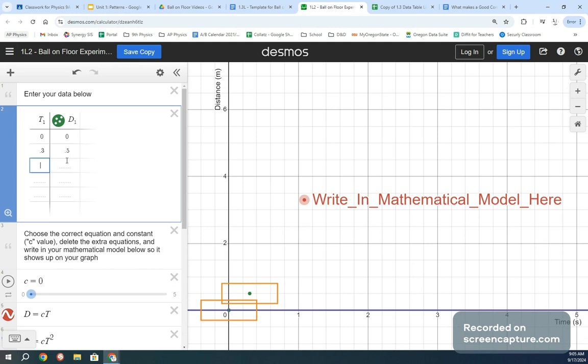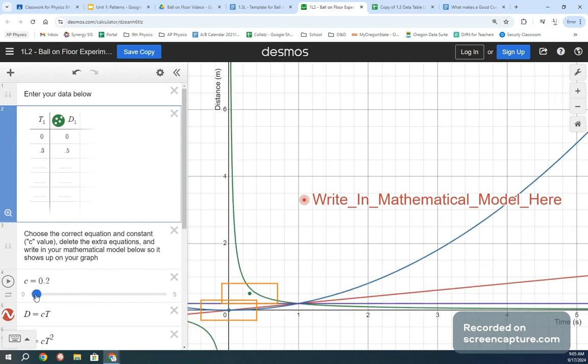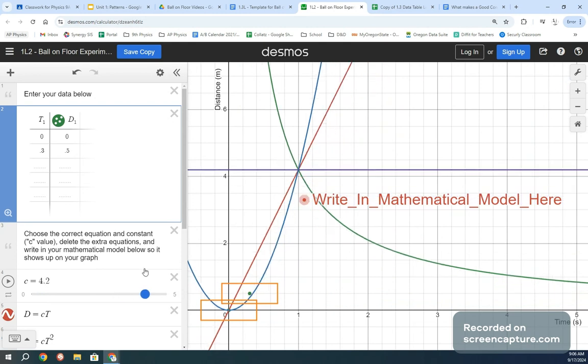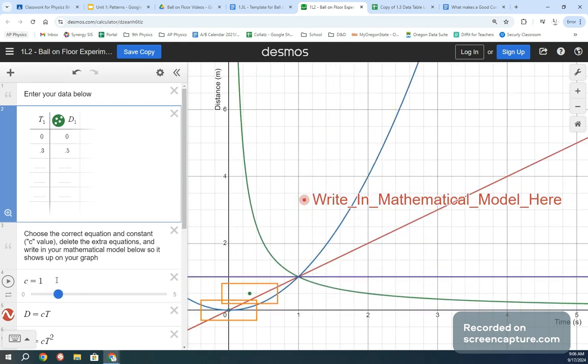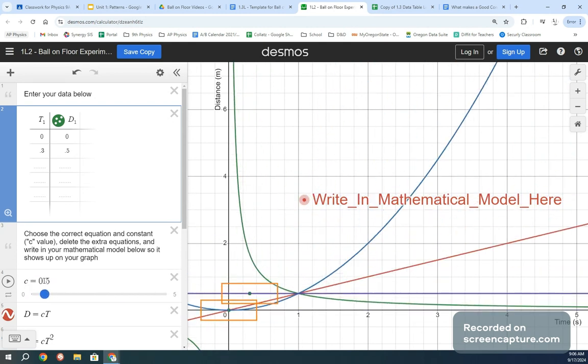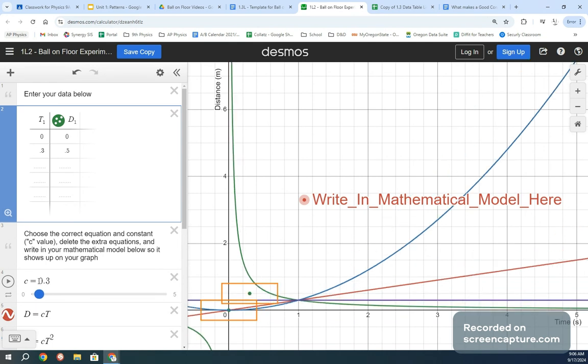So if we look back here, the second step is click and drag the C slider. So that's the C slider here. And we want to see when does one of these fit our data. Well, the purple line, at least with the data I have so far, doesn't look like it's a good fit. Maybe it would be in between those two, who knows?